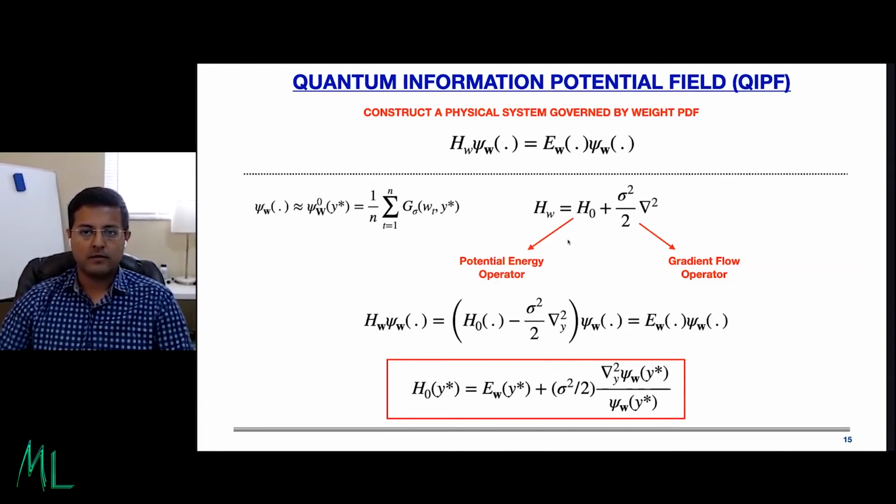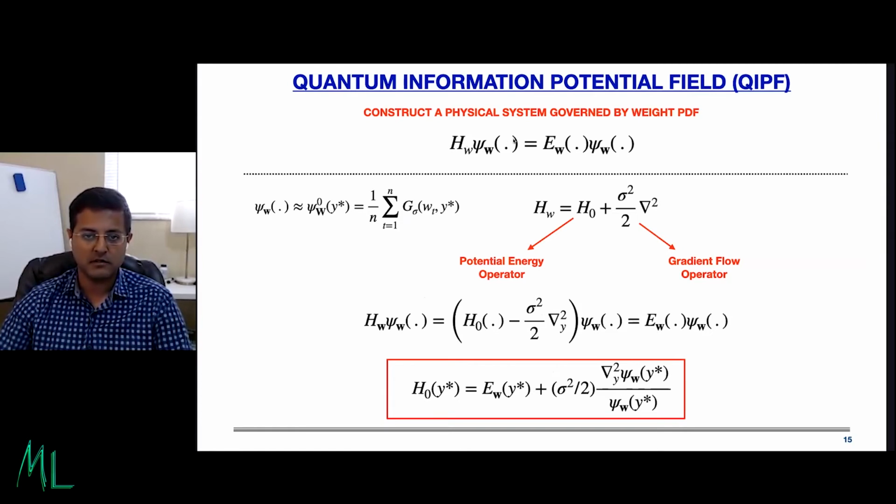So we now move from the information potential field to a new concept called the quantum information potential field, where we construct a physical system governed by the weight PDF. Here, the weight PDF psi(W) is used to construct a Schrodinger's equation associated with a given Hamiltonian and a given energy value.